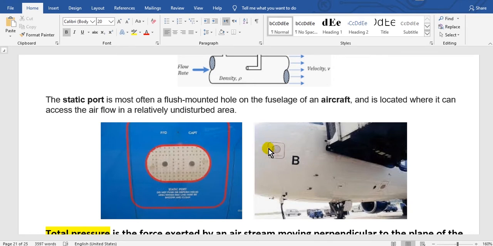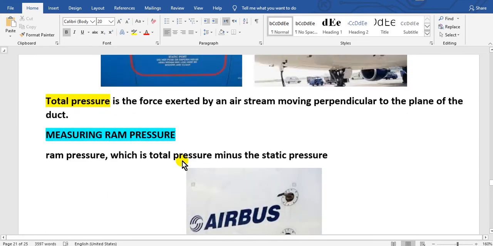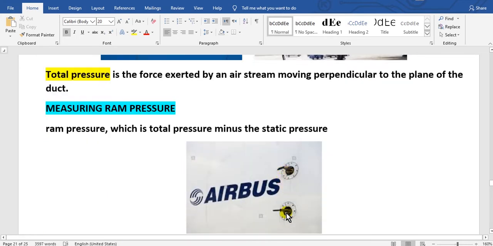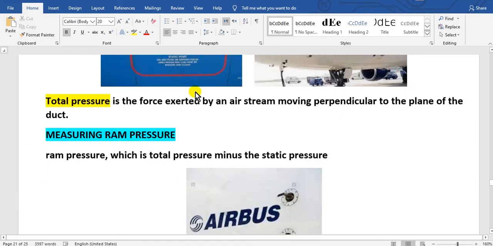What about the total? The total is here, which is the total pressure. And this is the ram pressure. Take the total pressure minus the static pressure. So this is for the total pressure and here for the static pressure.